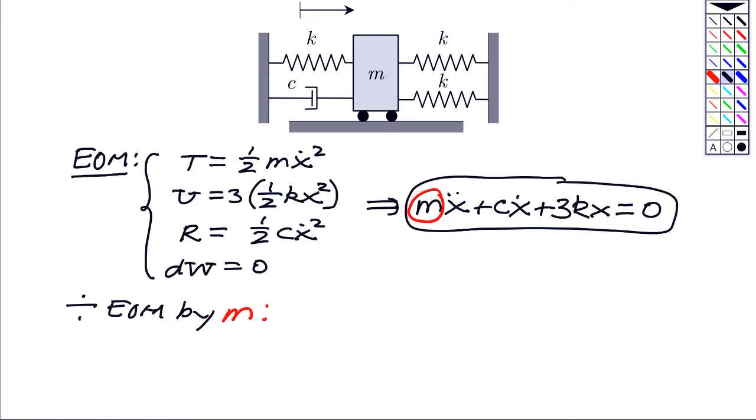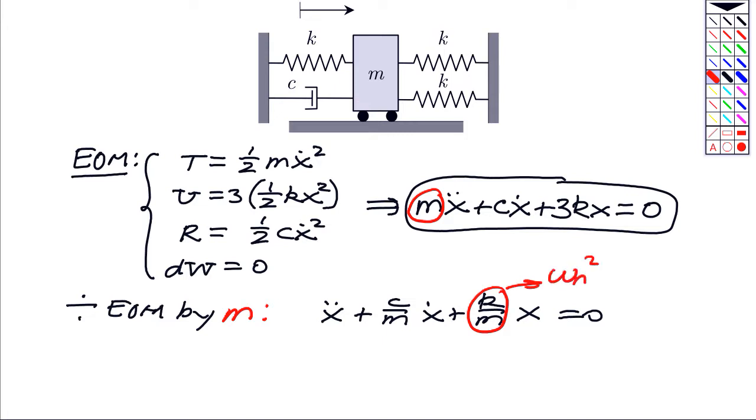So this gives me x double dot plus c over m x dot plus k over m x is equal to 0. From what we've seen in class, we know that this is what we define to be omega n squared, and this is what we would define to be 2 zeta omega n.